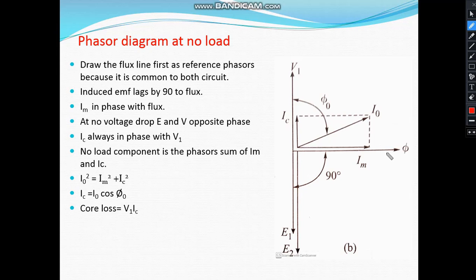First we will draw the flux phi. Second we will draw the Im because it is in phase with phi. Magnetizing current Im and phi are always in phase, as we discussed in the previous lecture videos.